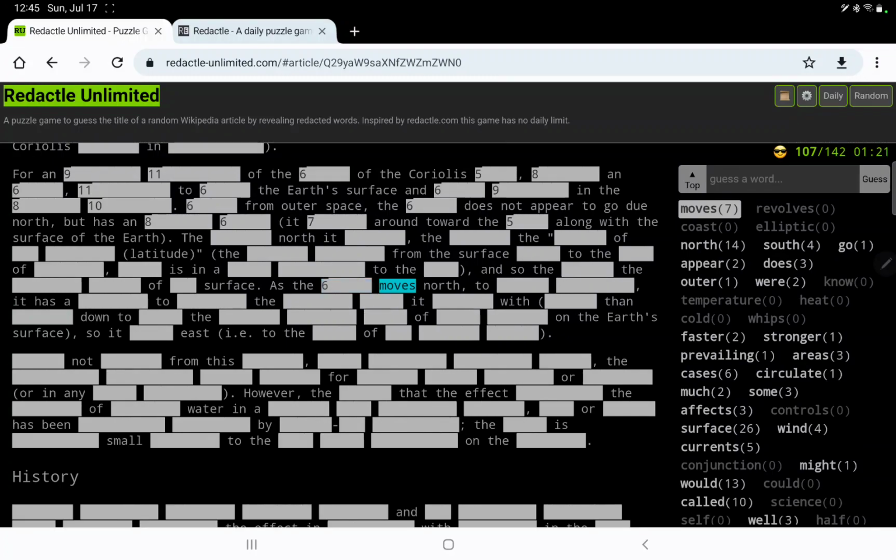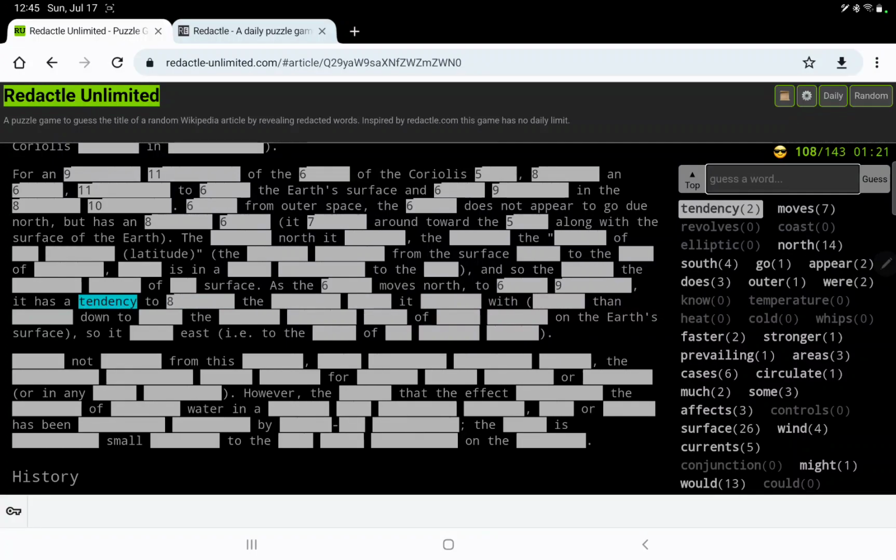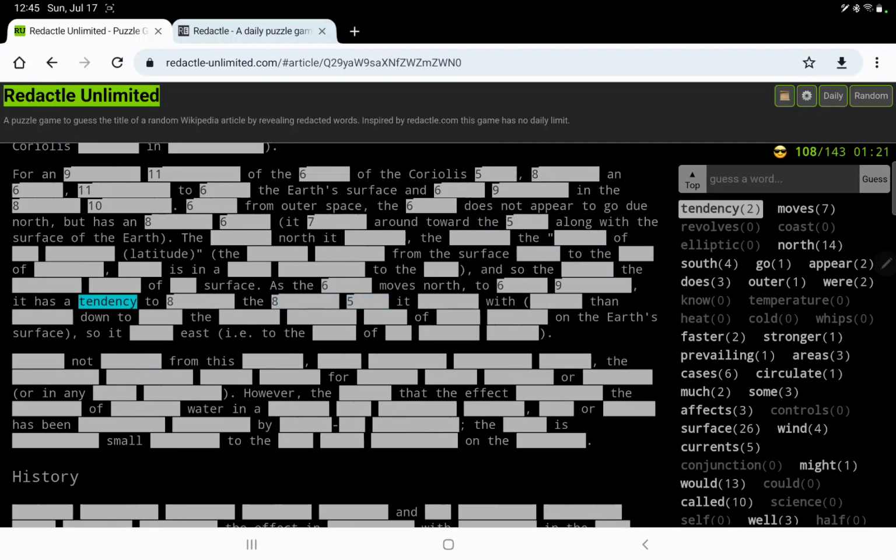Oh, as the something moves north, 269, it has a tendency to 8 the 8-5, it 7 with. Six, then 7 5 7 down to 5 the 7 8 5 of 5 7 on the Earth's surface.